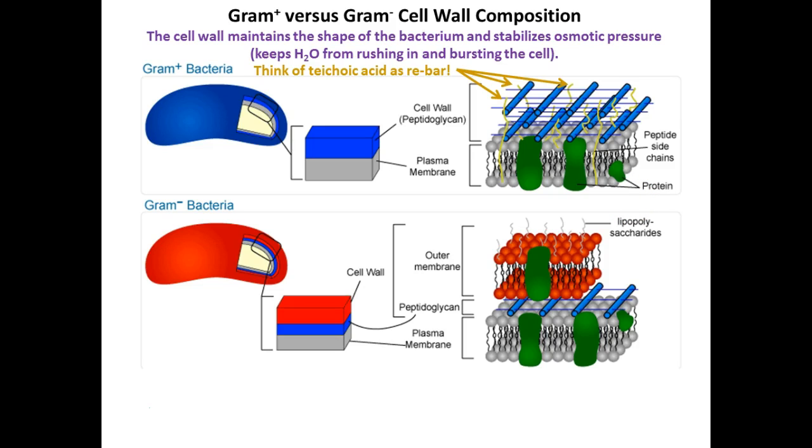So to give you an example, E. coli is a gram-negative bacteria. It has all of these levels. Its particular lipopolysaccharides can be used to differentiate even different strains of E. coli. So there are some pathogenic strains of E. coli out there, like E. coli O157 you've probably heard. The O refers to these polysaccharides.